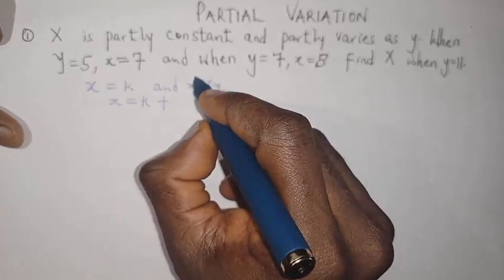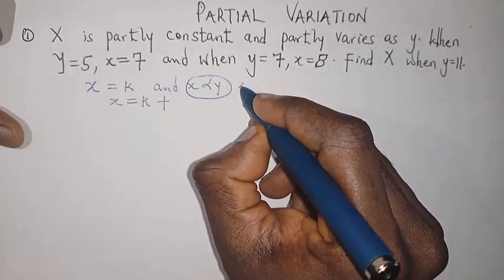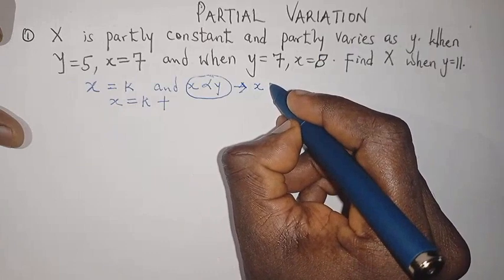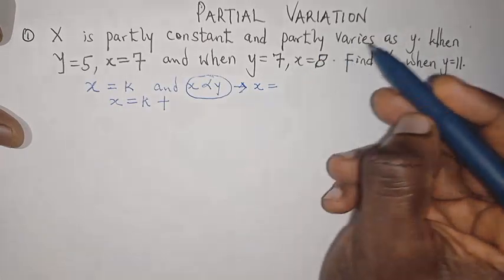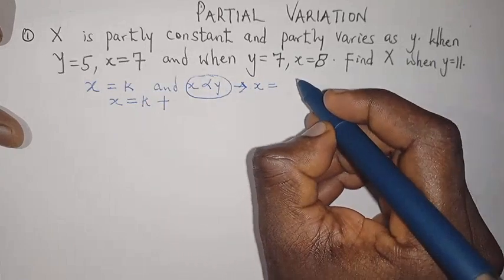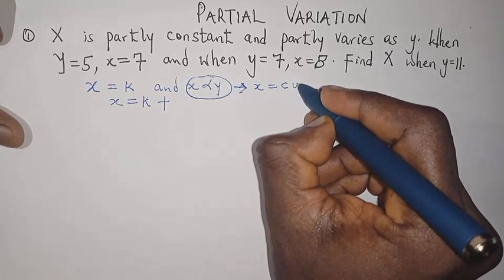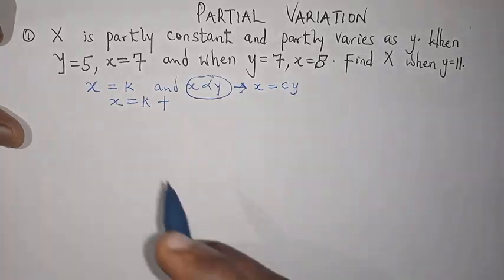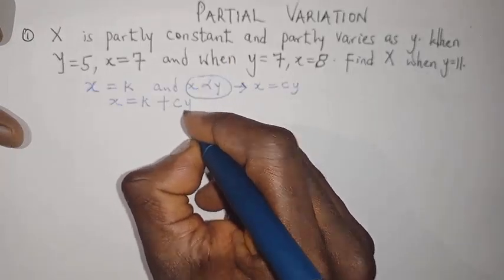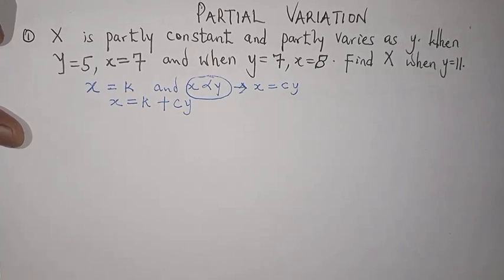Now remember what we learned in the previous lessons, that when you have x varies as y, it simply means that you're going to take off the proportionality sign and introduce a constant. So let me introduce c as a constant. Remember, the constant can be any letter. So now I'm going to put them together: x equals k plus cy. So that's our expression having the two statements together.